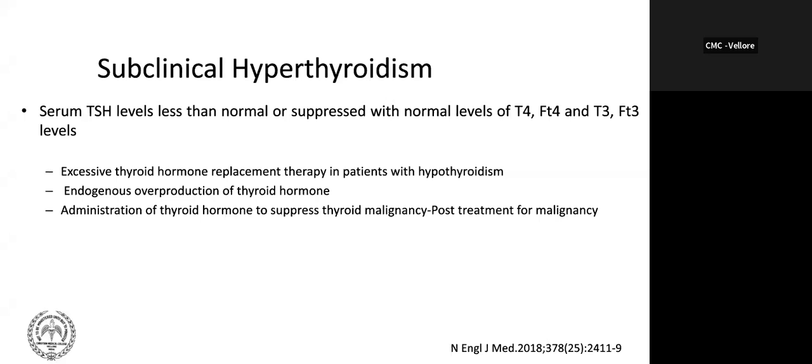It is also needed to remember that in patients with papillary carcinoma of thyroid, they give a higher dose of thyroxine to keep the TSH suppressed because those are TSH-dependent tumors. So in those patients, please don't reduce the thyroxine and make them euthyroid, because that means you are doing more harm, right?